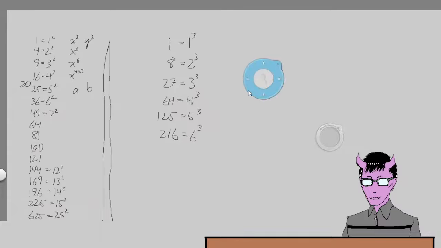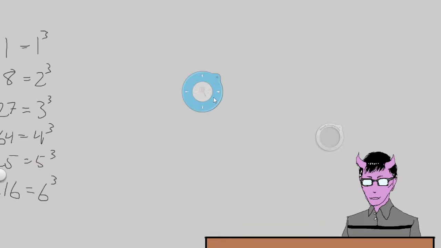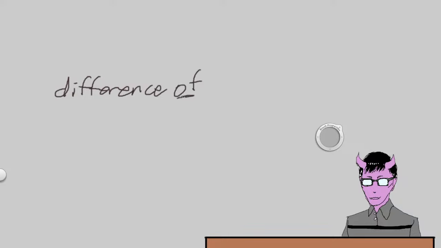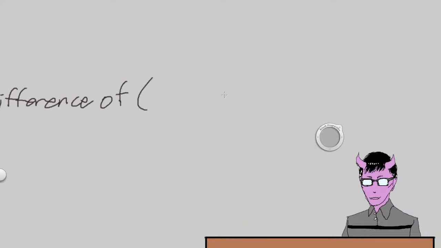No guarantees. And very similarly, just make sure you recognize the grammar, difference of 2 cubes. See the prepositional word again. So there's going to be a parenthetical difference of 2 cubes.